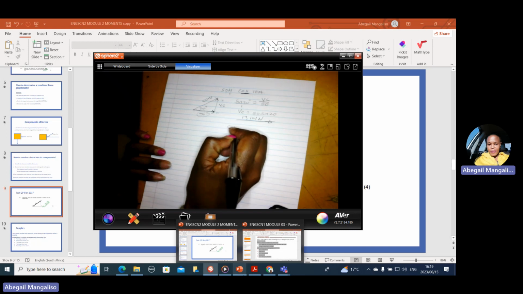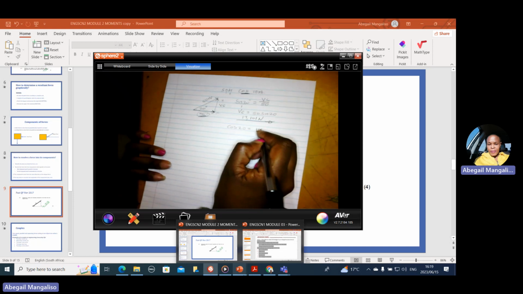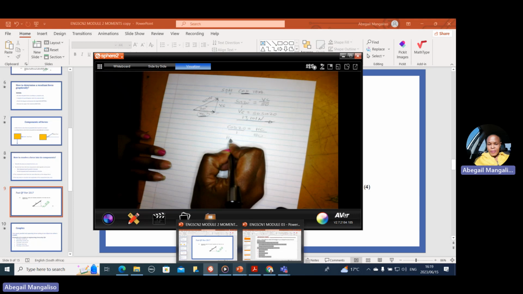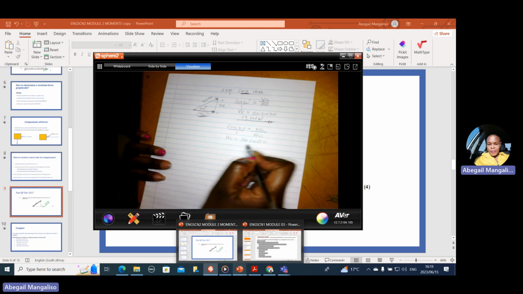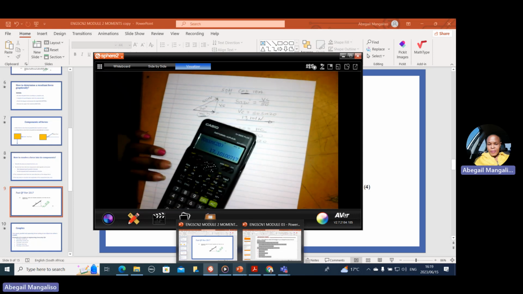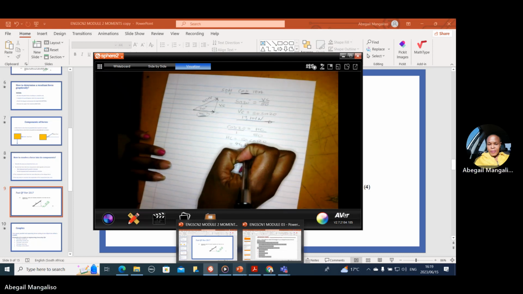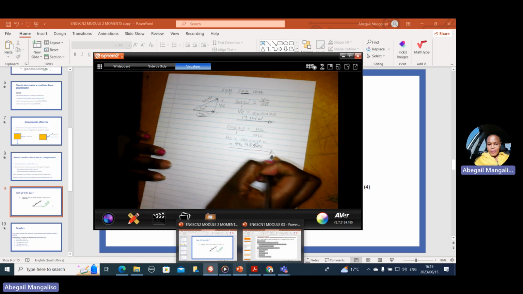So it will be cos of 20 equal to the adjacent side, the horizontal component, over the hypotenuse, 50. So when you make HC the subject, this will be HC times 1 equal to 50 times cos of 20. You use a calculator to get 50 cos of 20, and the answer is 46,984 newtons. That will be the answer.